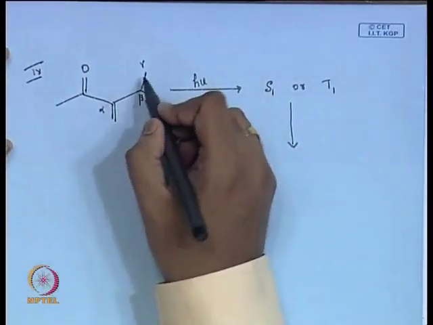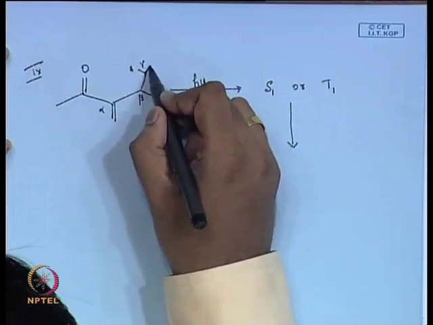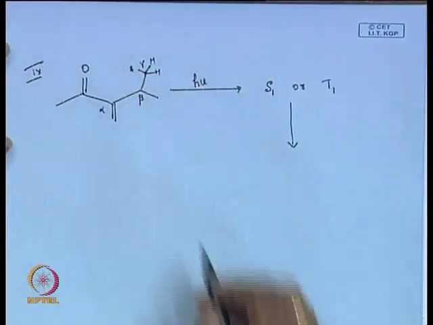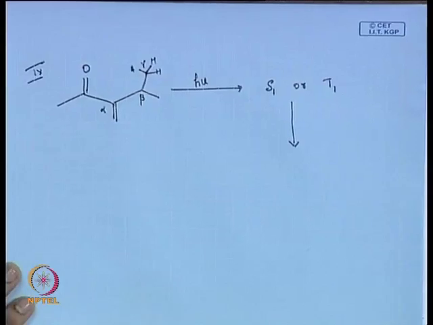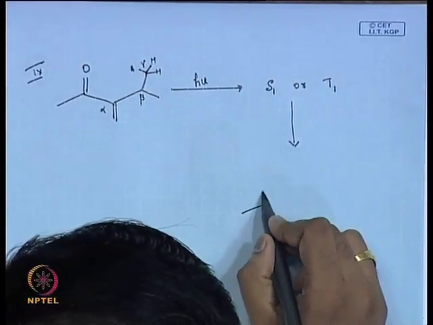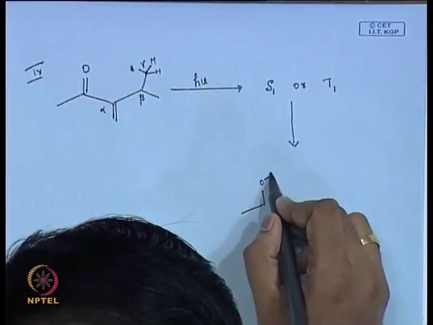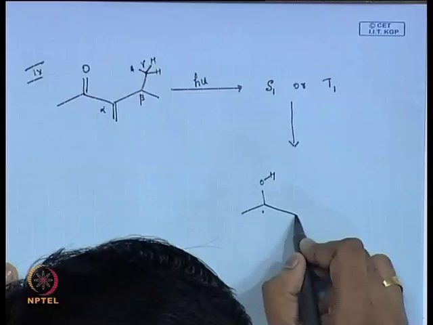Okay. Now I can take this hydrogen. Okay, I can take this hydrogen now, gamma out. OH, I will get a dot.